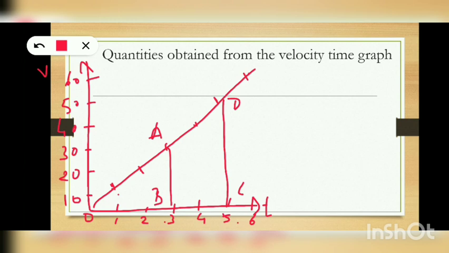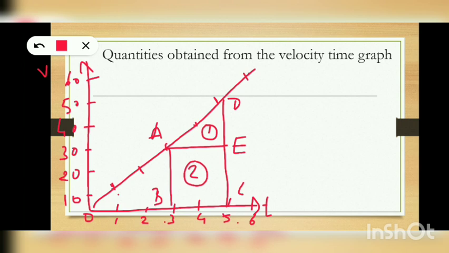So children, there are two methods to calculate the area of this portion. First method is to divide this portion into two segments by drawing a line from A, and let this point be E. So here the line AE divides the whole portion into two. First one represents a triangle and the second one represents a rectangle.